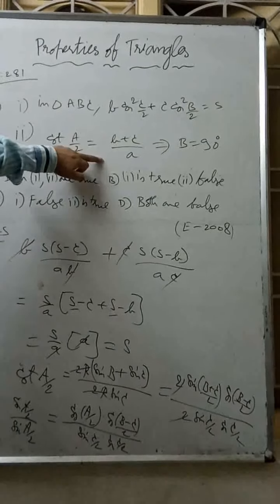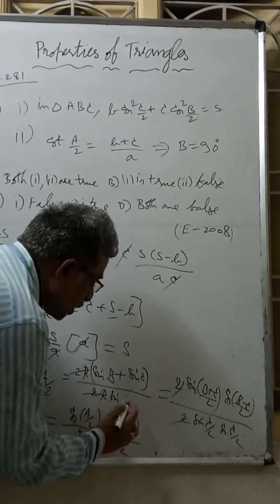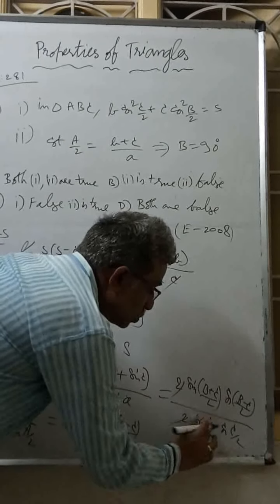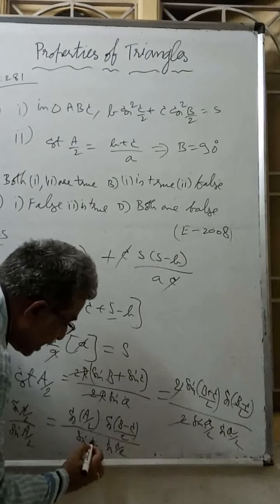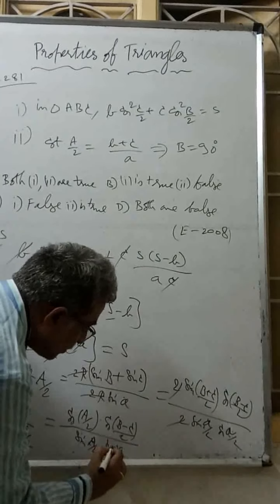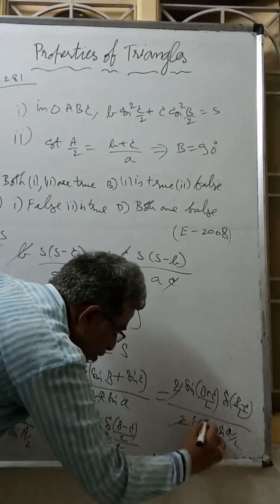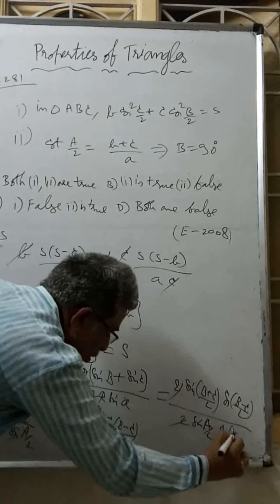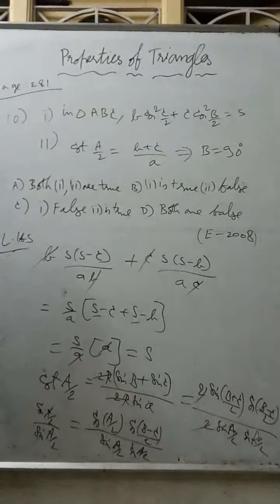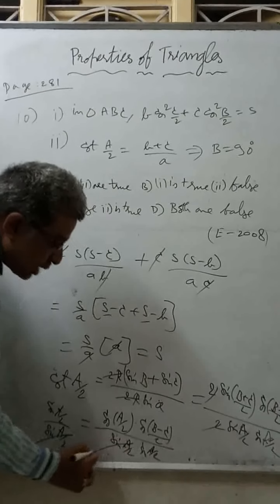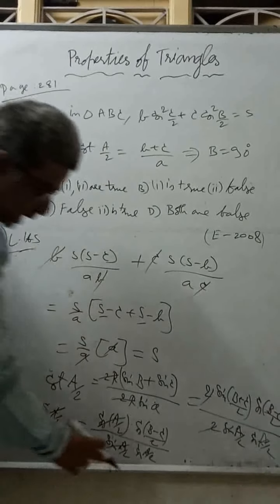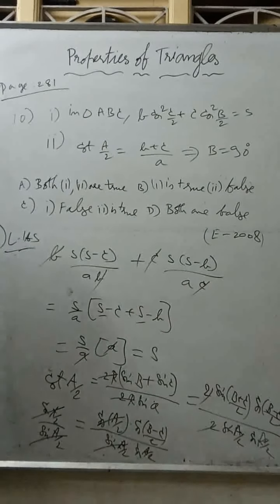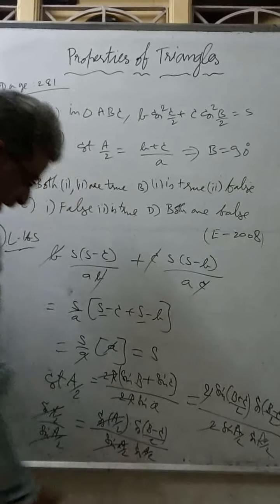This is small a, sorry, small mistake. This is 2R sin A, means 2 sin(A/2) into cos(A/2). So observe, sin(A/2) cancels, cos(A/2) cancels. This is cos(A/2), and this is cos((B - C)/2).